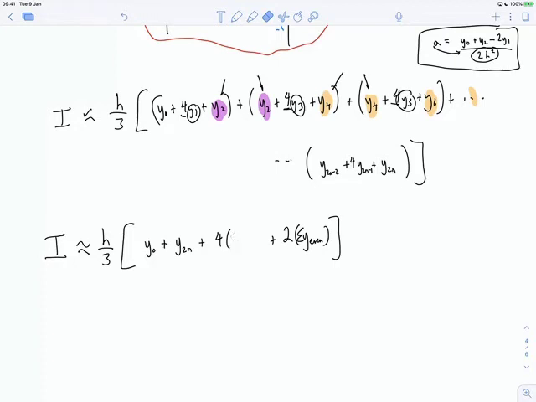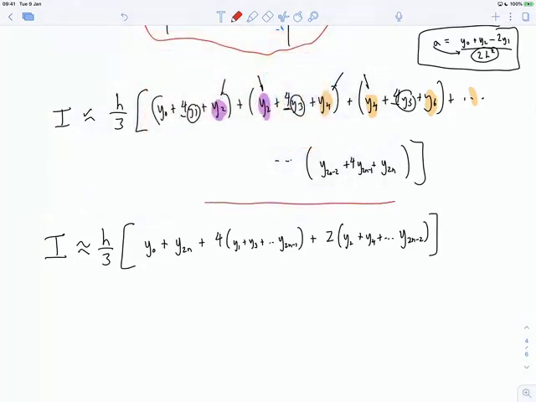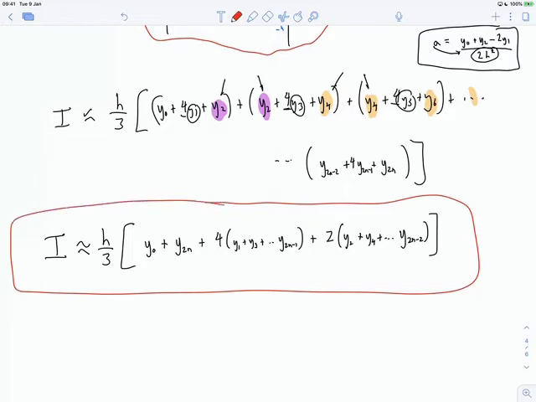But I guess if you wanted to, you could leave it as 4 lots of y1 plus y3 plus dot dot dot, and the last one you'll have 4 of is y of 2n minus 1, and then plus you'll have 2 lots of y2 plus y4 plus dot dot dot, and the last one will be y of 2n minus 2, the last even number that isn't y of 2n. And now this super duper thing is Simpson's rule.